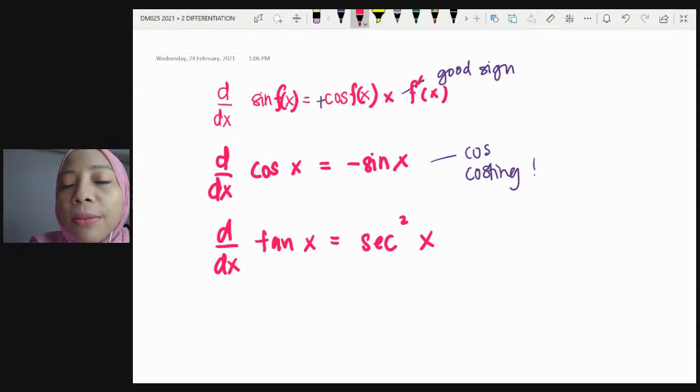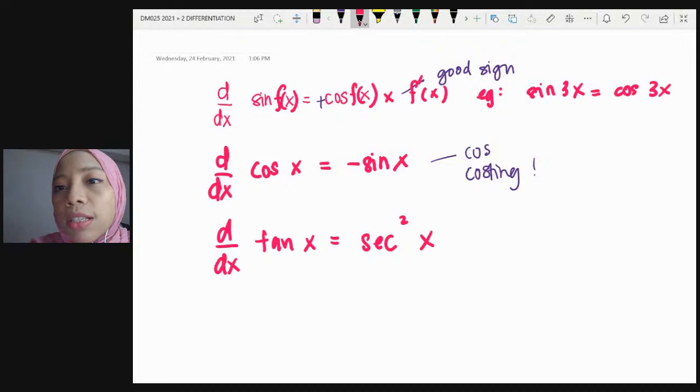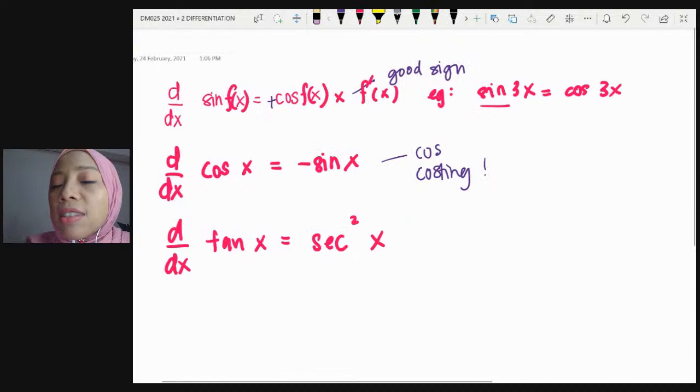For example, we have sine 3x. The derivative of sine 3x would be cos 3x, because the derivative of sine is cos. The function we take as a whole, 3x.